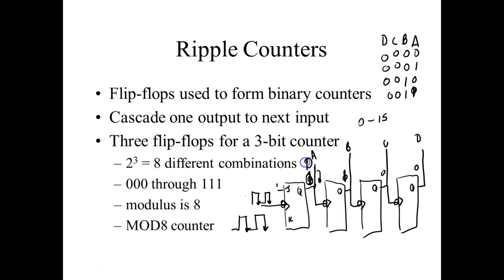This one goes to a 0, this one sees a falling edge and goes to a 0, and this one sees a falling edge and goes to a 1. So now we get a count of 4, and we can keep going. These JK flip-flops are counters, but notice the count is rippling through. So these are what we refer to as ripple counters.